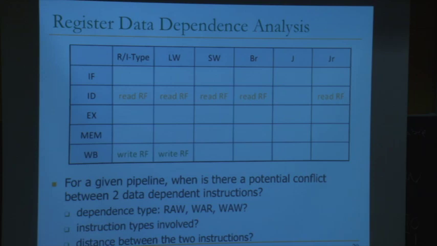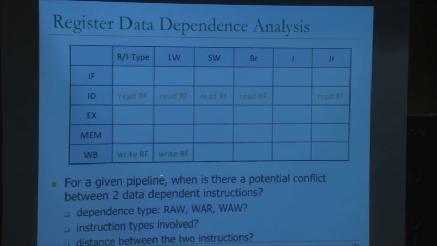Okay, so let's analyze these data dependencies a little bit. This is the control logic that you're going to build at some point. If we have the instructions here, different types of instructions, and different stages in the pipeline here, we know what instructions need to read the register file. I guess all types except for the jump instruction, which is based on the program counter, need to read the register file.